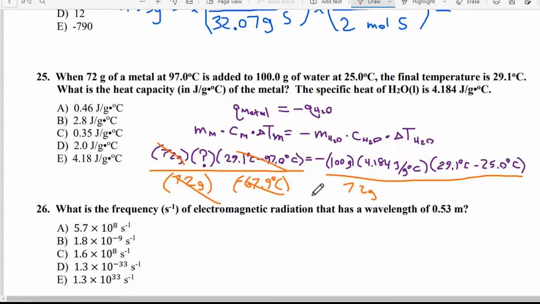Cancel this out. And notice that the negative cancels out the negative. And C cancels out here. Grams cancels out over here. And I'm left with joules per gram degree Celsius, which is what I need anyway. And what's the answer? C, okay. 0.35 joules per gram degree Celsius.